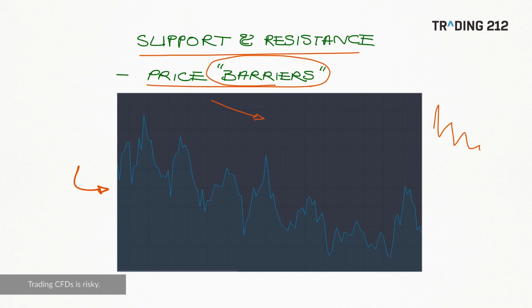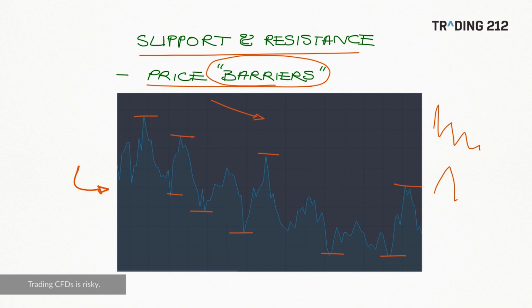So with each rise, when the price peaks, that is where we can say it's met resistance. So we can see that these are resistance points. And then when we have a trough, a falling price that swings back up, we can say the price has been supported at certain levels.